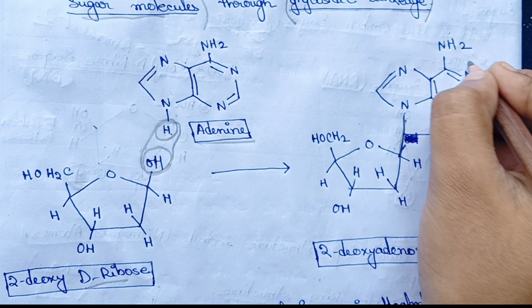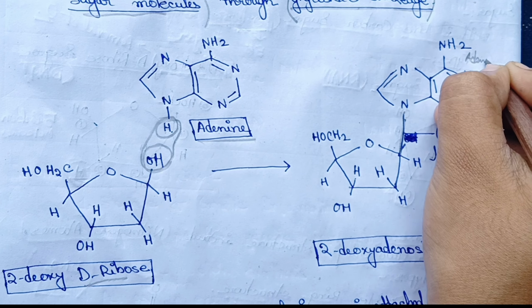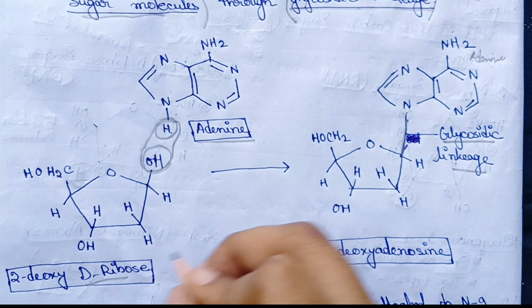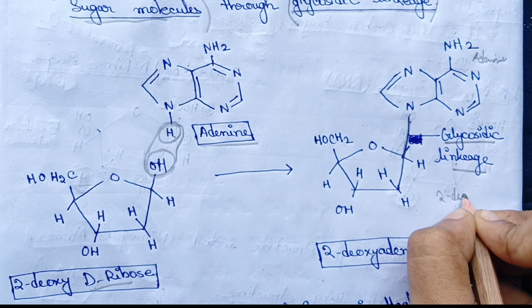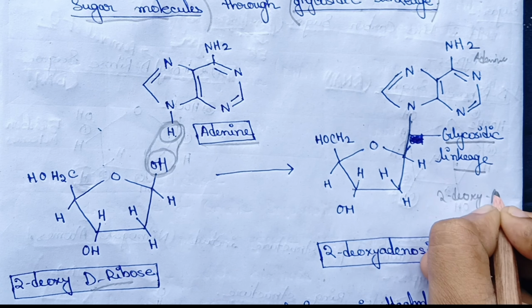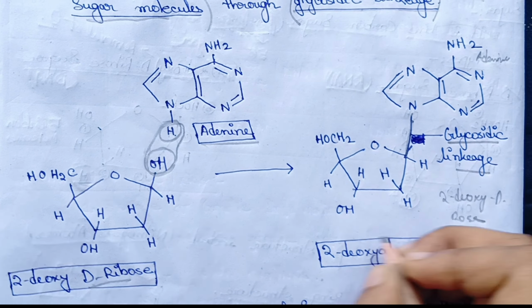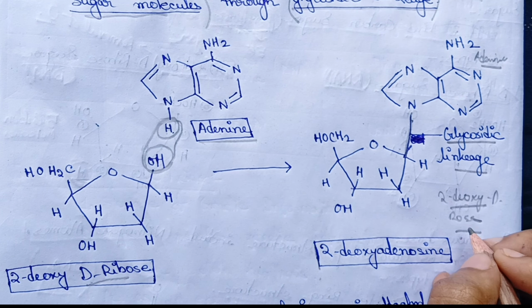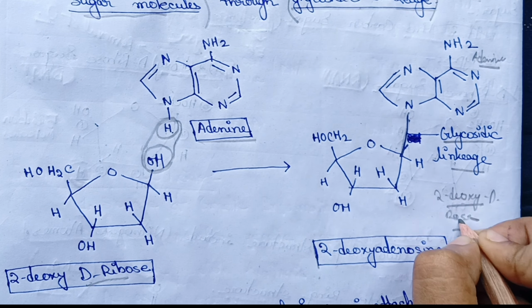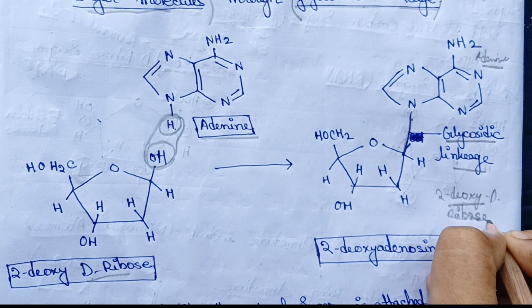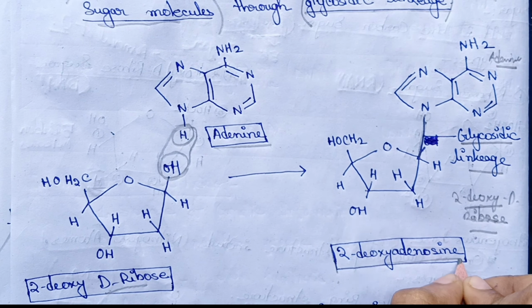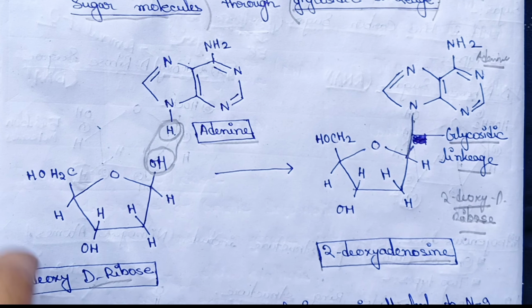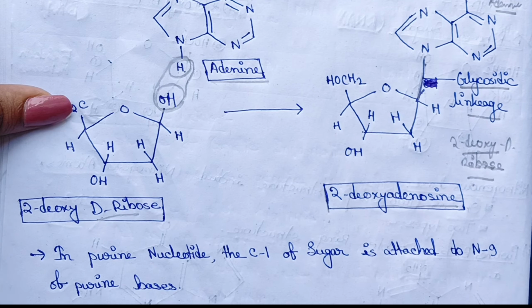Adenine bonded with the 2-deoxyribose sugar forms 2-deoxyadenosine. So you can remember this.